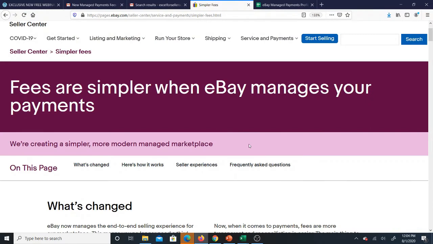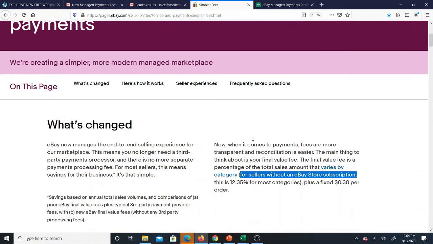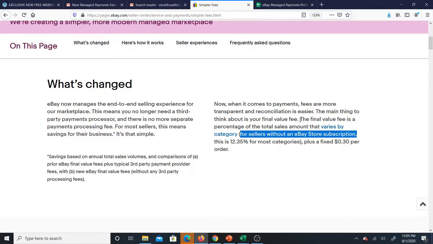And before I demonstrate the spreadsheet, I need to quickly explain a few things here. For one, the eBay managed payment system has a final value fee which will be a percentage of the total sales. If you read into this further, it tells you that they're going to use the actual sale including tax.